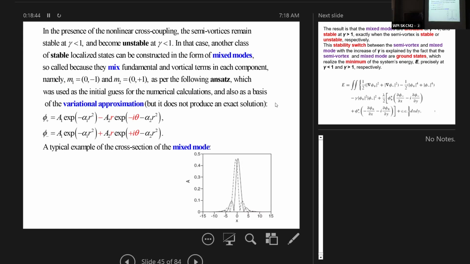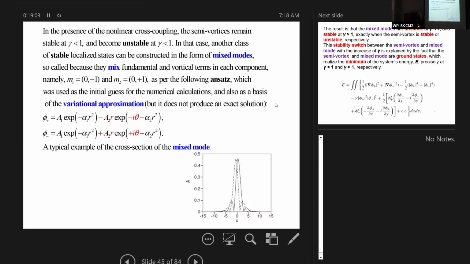A new family is introduced by means of this ansatz, so it's called mixed mode. Why mixed mode? We assume that in each component we have a mixture of the zero vorticity term and a term which carries vorticity. In one component, in the simplest approximation, -1, in the second component, +1.